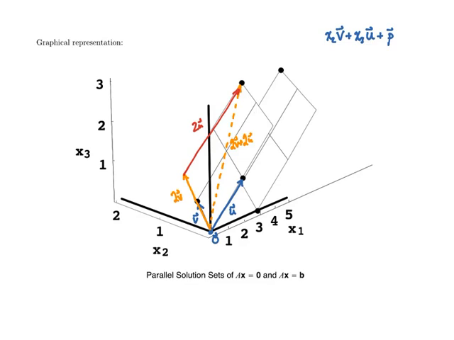I could take any linear combination of those two vectors and span that plane. But then if I want to look at the parallel solution, I can take any point on that plane and get to the corresponding point on the other plane. So let's erase everything I have here.